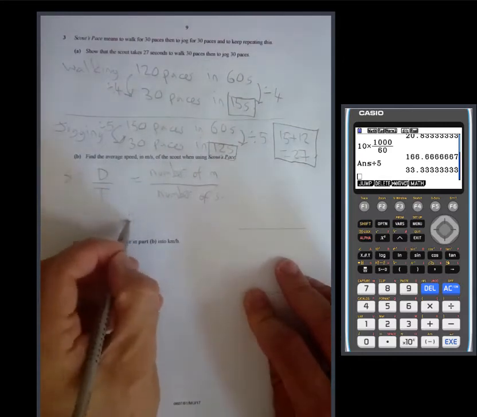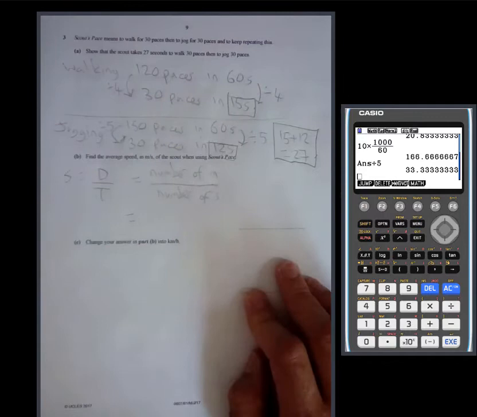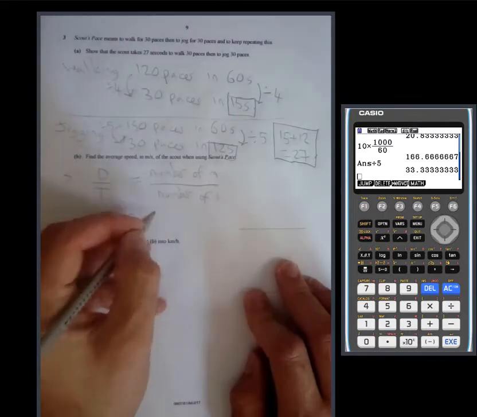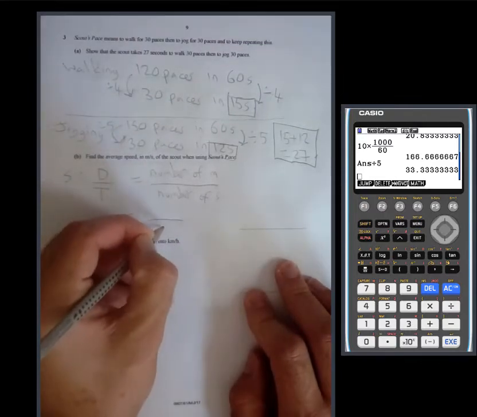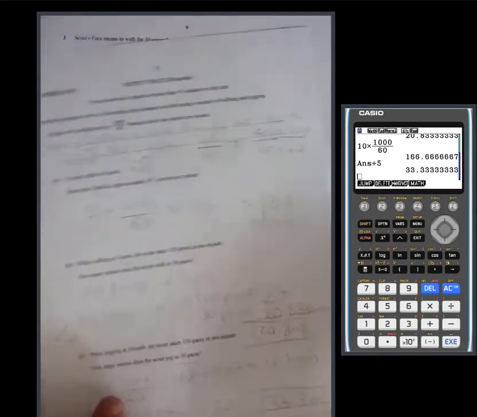So we know that it takes 27 seconds, we've just worked it out, to do one cycle of Scout's pace. So at the bottom the time is going to be 27 seconds. For the distances, I think it's always worth looking back. I'm pretty sure we just worked those out.